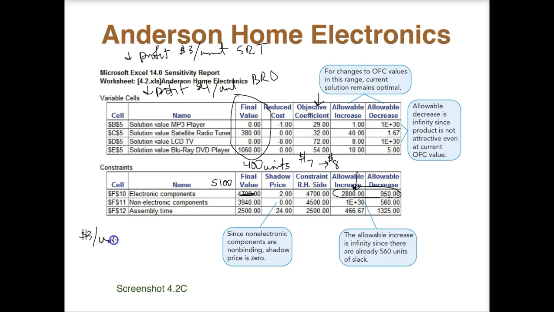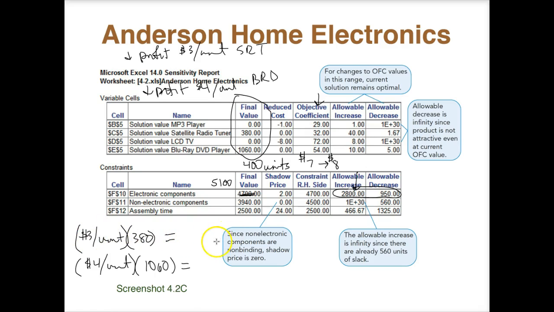So at the end of the day, profits total will be $3 a unit times the number of satellite radio tuners that we're making, which is 380. We also have $4 a unit for the 1,060 we have for the Blu-ray DVD. Multiply all that together.